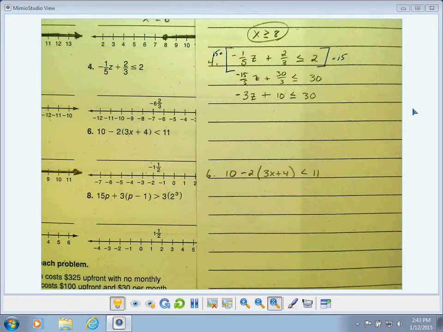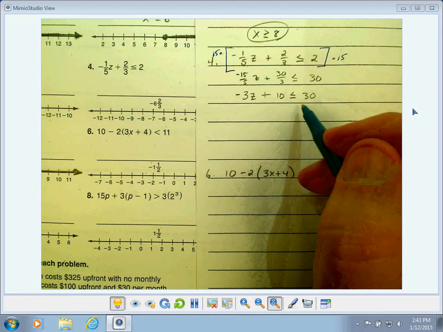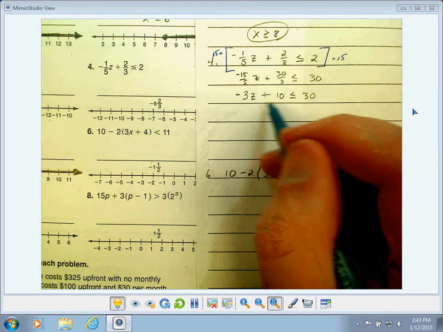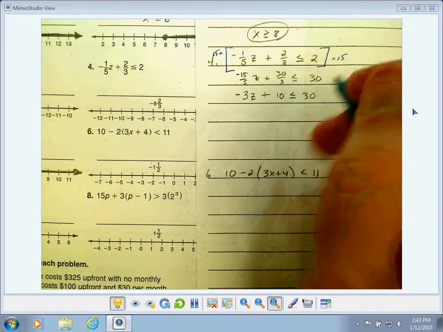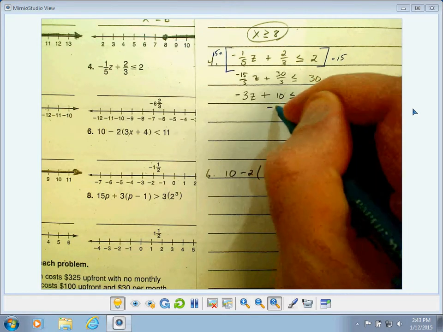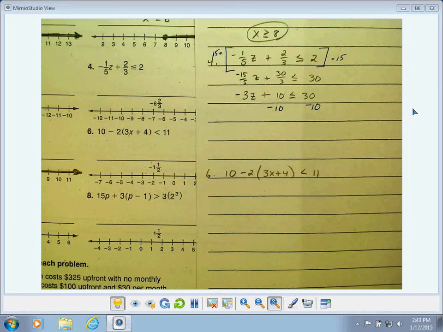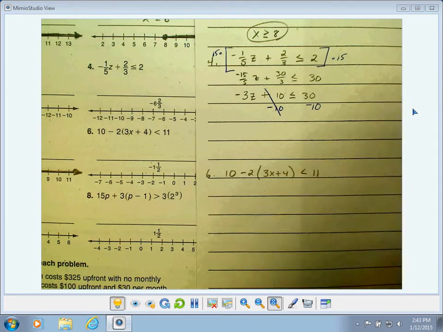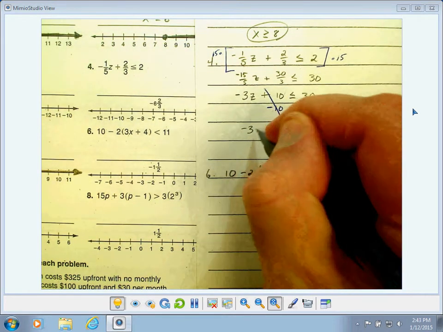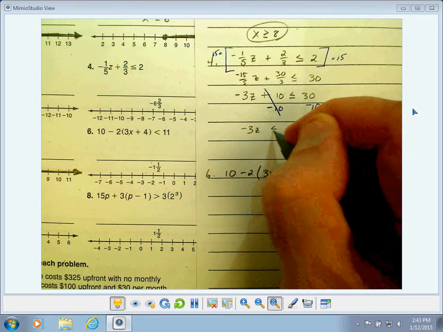So once we do that, we're kind of back to a problem much like number 2 or number 1, where we need to get rid of the stuff that doesn't have a z. So let's get rid of the plus 10 by subtracting 10 from both sides. And when we do that, we'll have negative 3z less than or equal to 20.